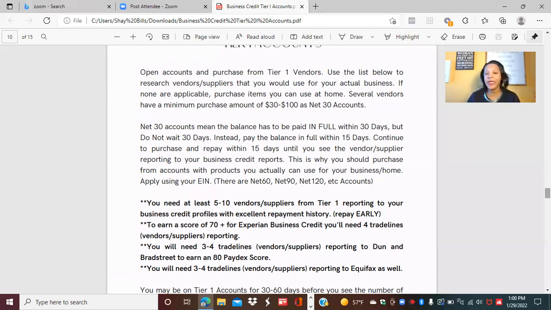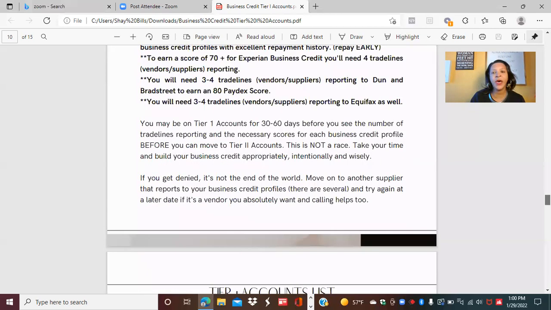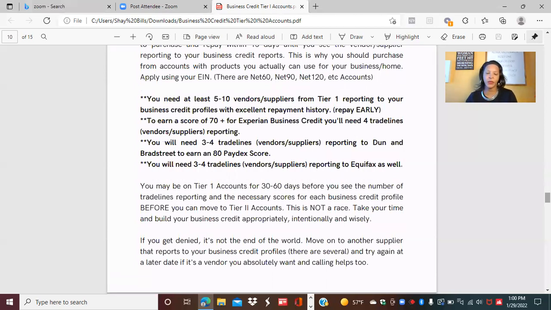Apply using your EIN. There are net 60, net 90, net 120, and so forth types of accounts. But in tier 1, we are primarily focusing on net 30 accounts. Now you need at least 5 to 10 vendors from tier 1 reporting to your business credit profiles with excellent payment history. That means pay back early.